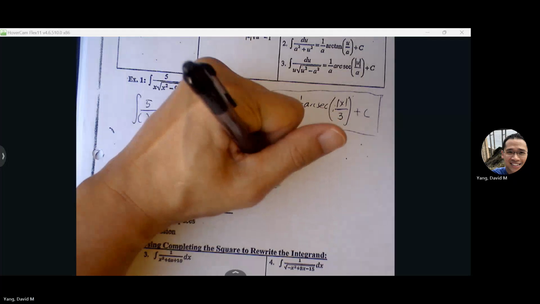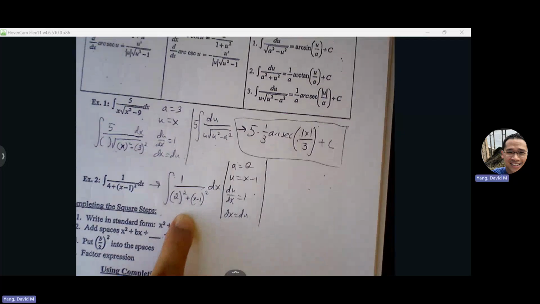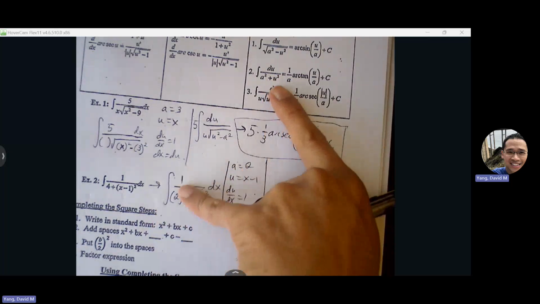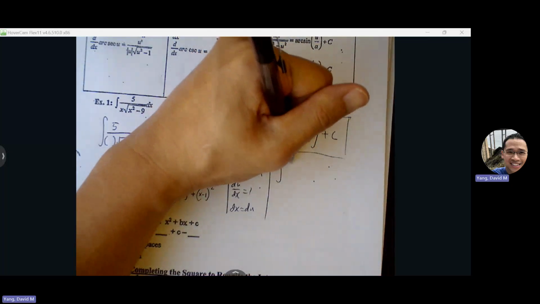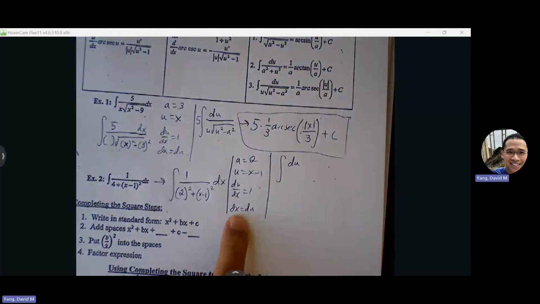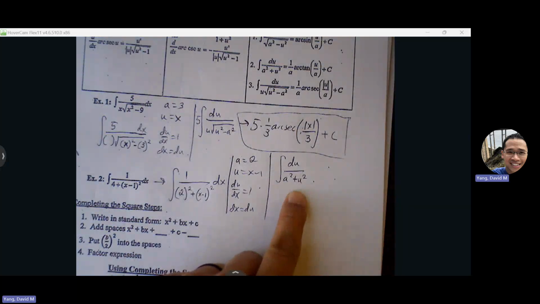Go ahead and go through u substitution. Let's get everything in terms of u and du to convince ourselves that we have a perfect match with the rule that we want to use. So dx gets replaced with du, because a squared plus u squared, perfect fit.